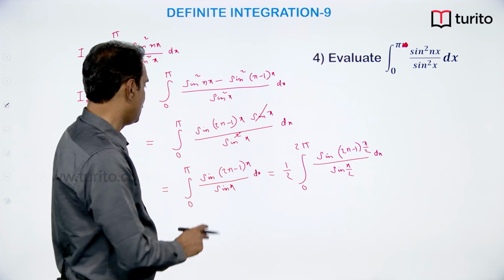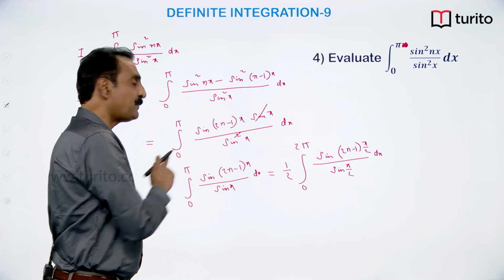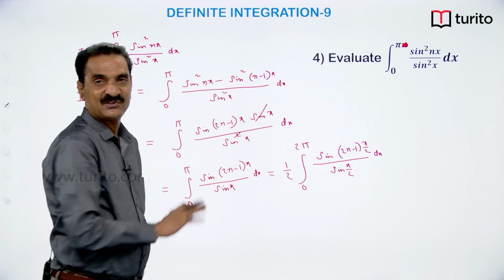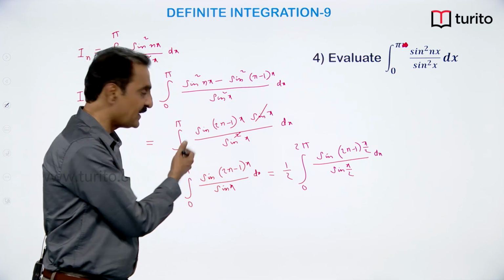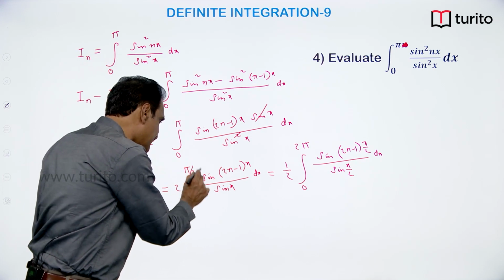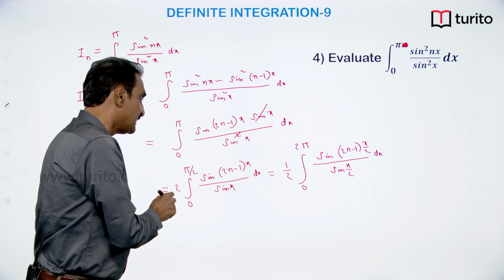Now, here substituting pi minus x, it remains same, whole function remains same. So, we can multiply this integral by 2, divide the upper limit by 2. Okay.